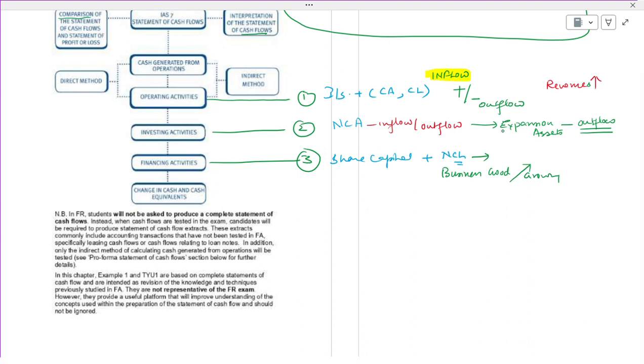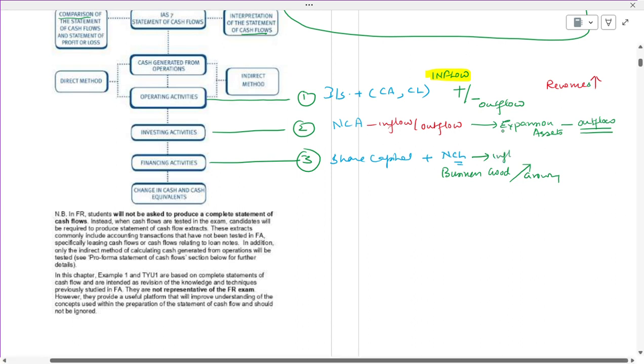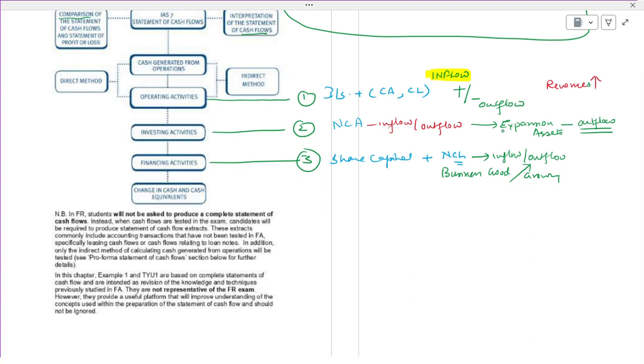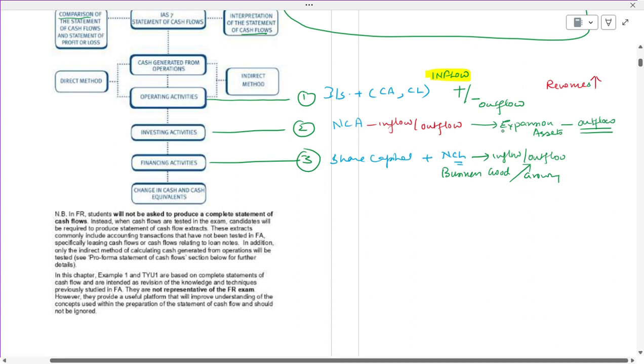Not only loans, you will have an inflow and you will have an outflow also. You will pay also. It means people are giving you loans, and you are also paying on time.